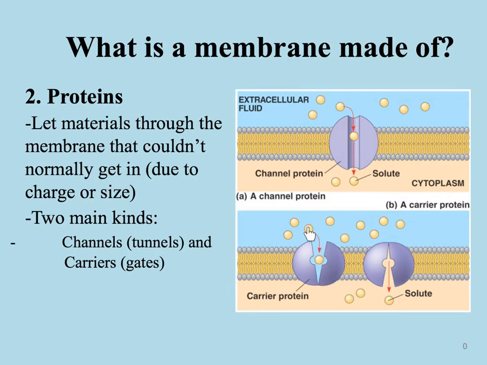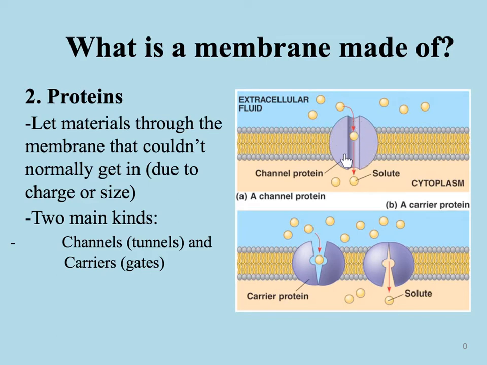So if it wants to move this molecule through, it is going to basically attach to it and then escort it, if you will, through and allow it to enter into the cell. So two types, channels and carrier, and you'll also see in some textbooks they'll talk about integral, which means that they are basically a protein that's embedded.